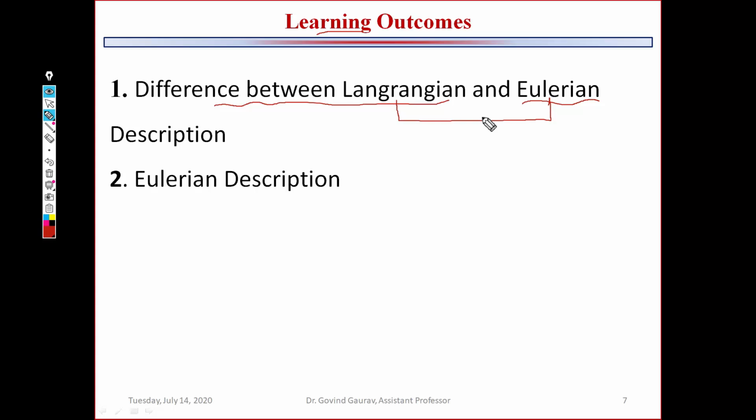So problems dealing with such cases would come under the infinitesimal, which means small deformations theory. Next we discussed the Eulerian description, which deals with the deformed configurations.